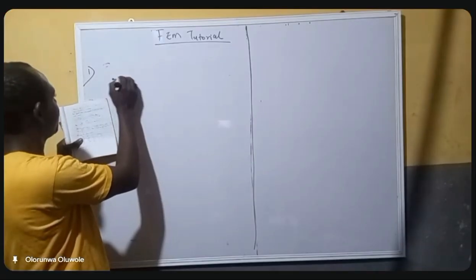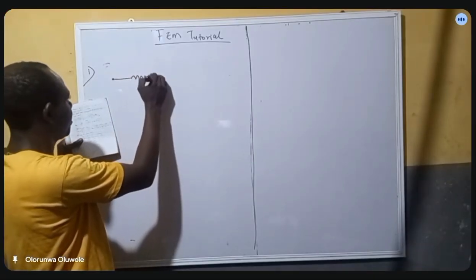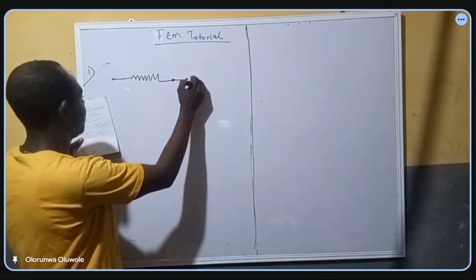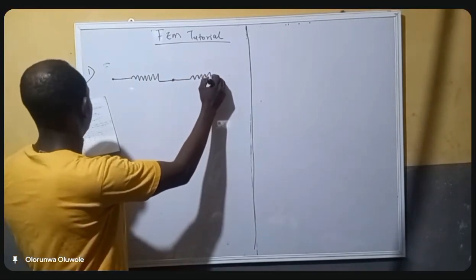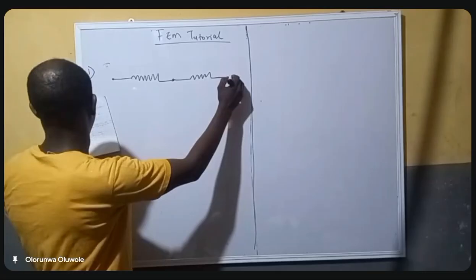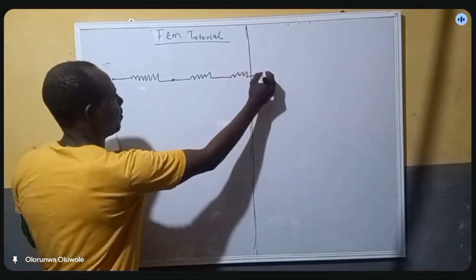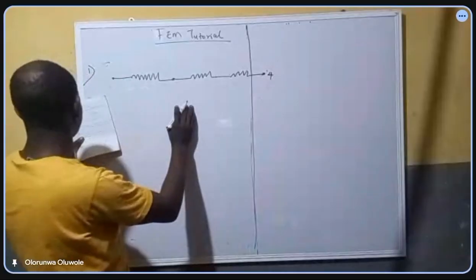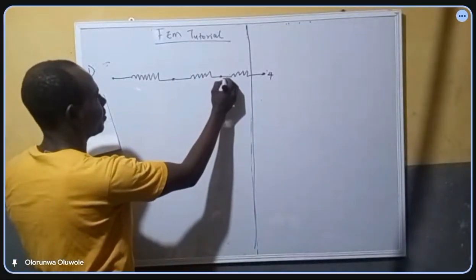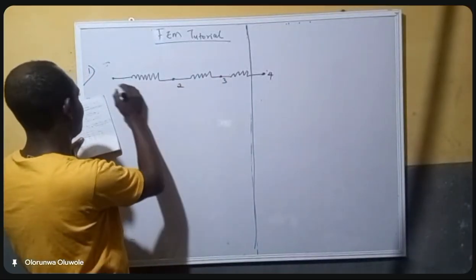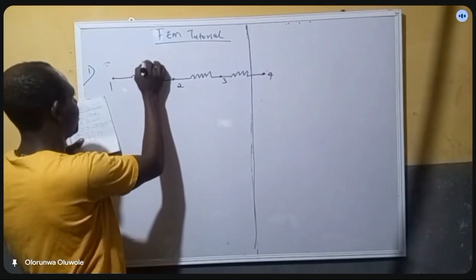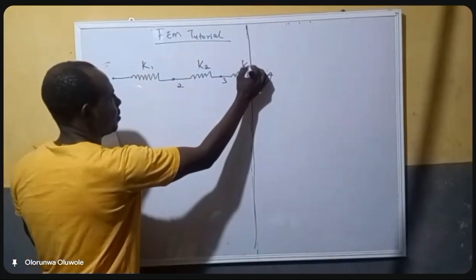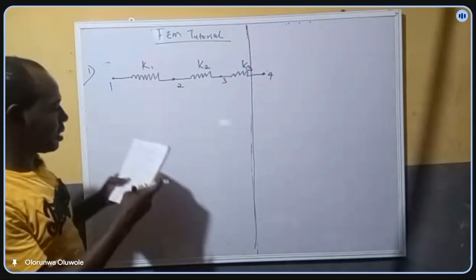It has four nodes, and at the end of the nodes is a fixed end. So that's elemental stiffness K1, K2, K3.